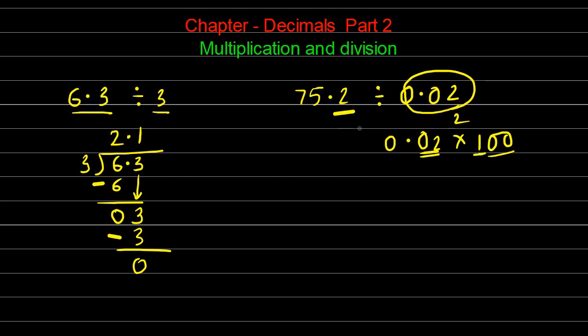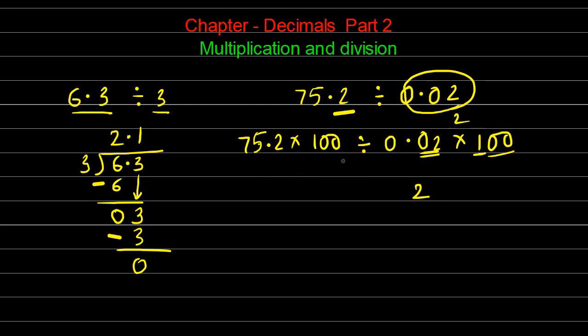So to make it the whole number 2, I have to multiply it with 100. Its value will not change if you multiply the other side too. If you are multiplying one number by 100, you need to multiply the second number by 100 also. So 75.2 also should be multiplied by 100 to keep the value the same.